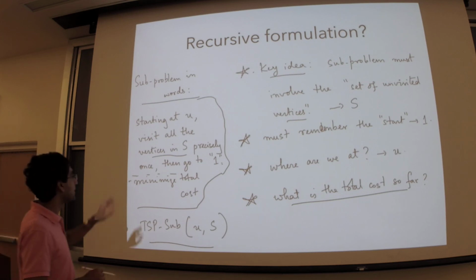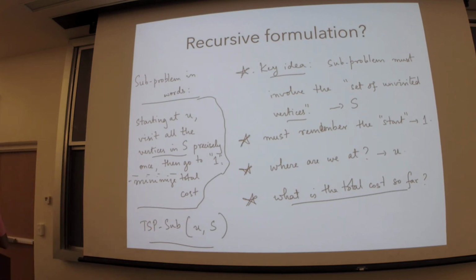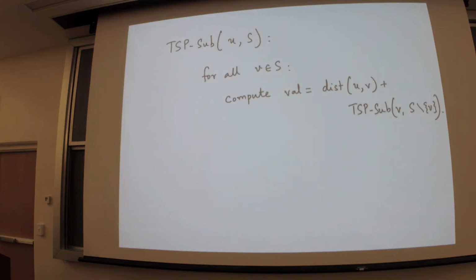That's why you don't have to really bother about this. So for every V in S, compute this value and return the smallest of them.